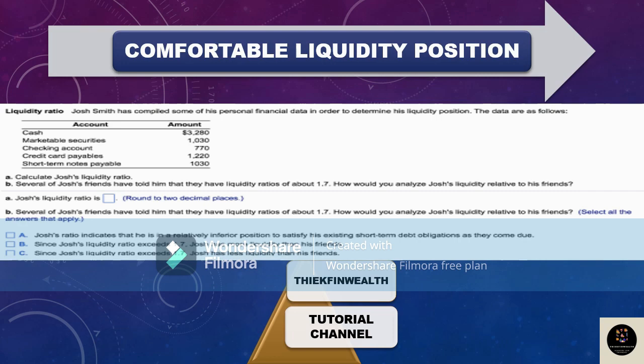We deal in financial planning, investment, and wealth management too. This time we are going to watch and learn about analyzing the liquidity position of the business.